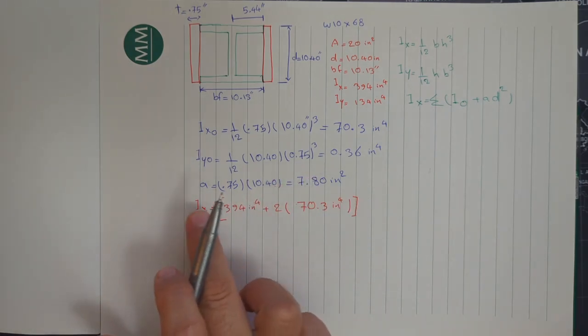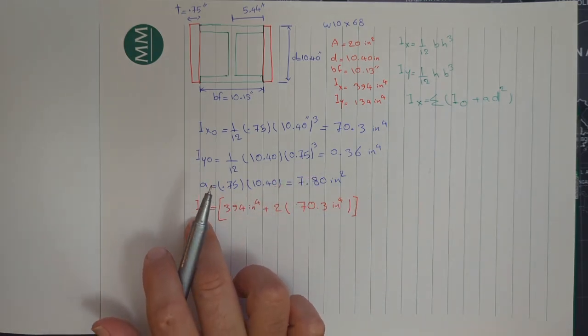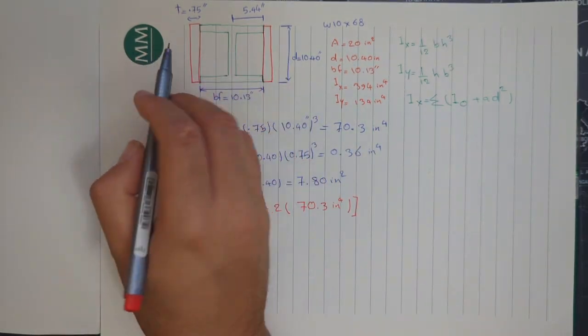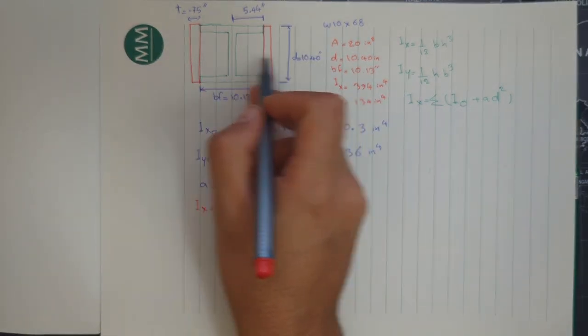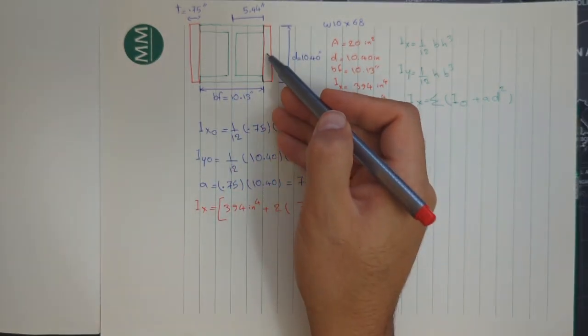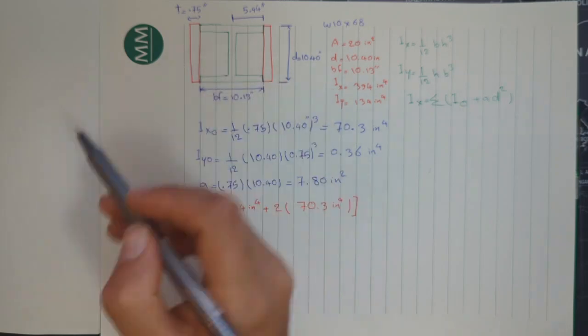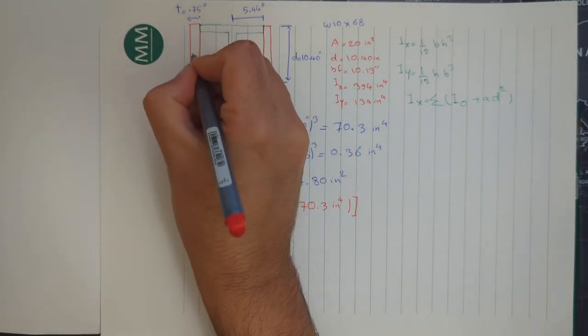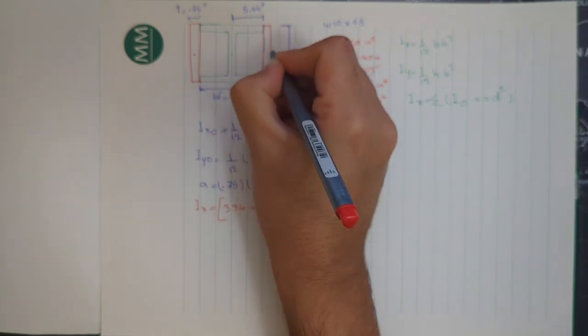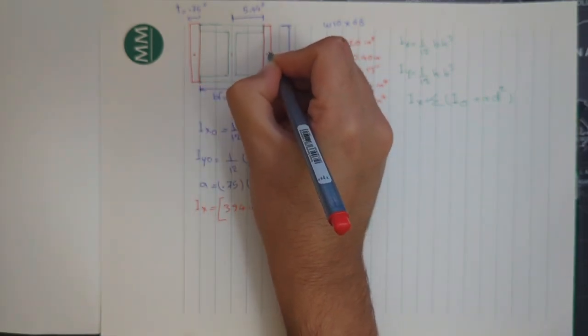My A is this plus this, but just hold on a second. Since we want to see how much is Ix for this shape, the x-axis is exactly on the centroid of each part. The centroid of this part is here, the centroid of this part is here, and the centroid of this part is here.